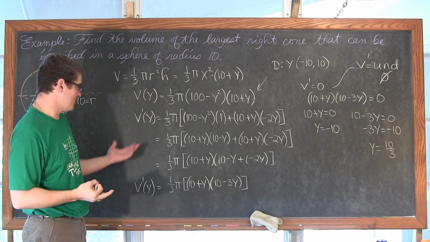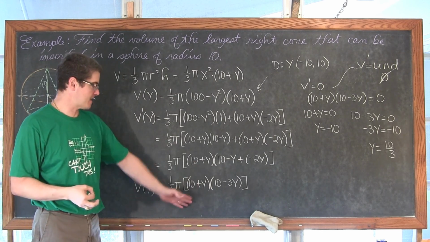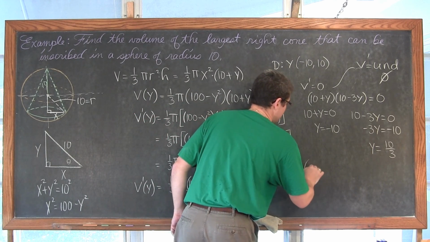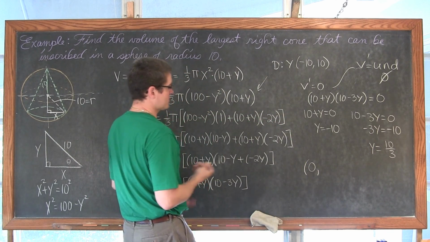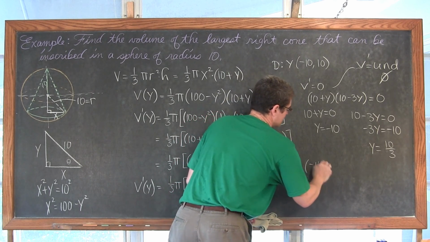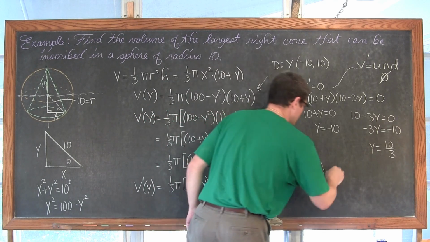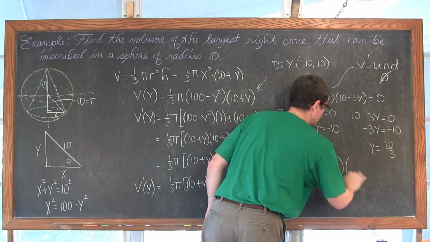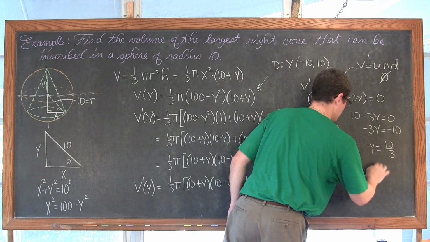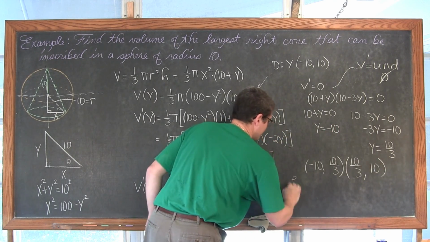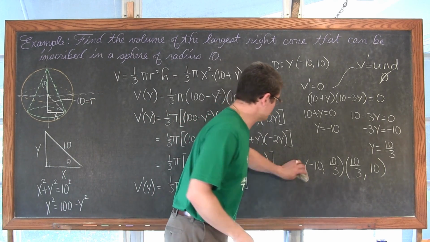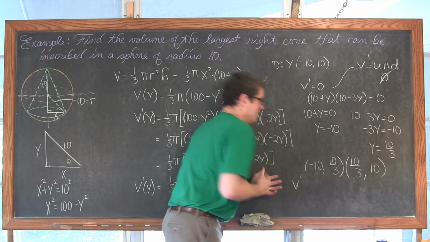So I don't really want to find the second derivative going through the product rule, so we can set up our intervals from -10 to our critical value of 10/3, and then from 10/3 up to 10, and look at the values of our first derivative, V prime for this problem, and see what we can find.